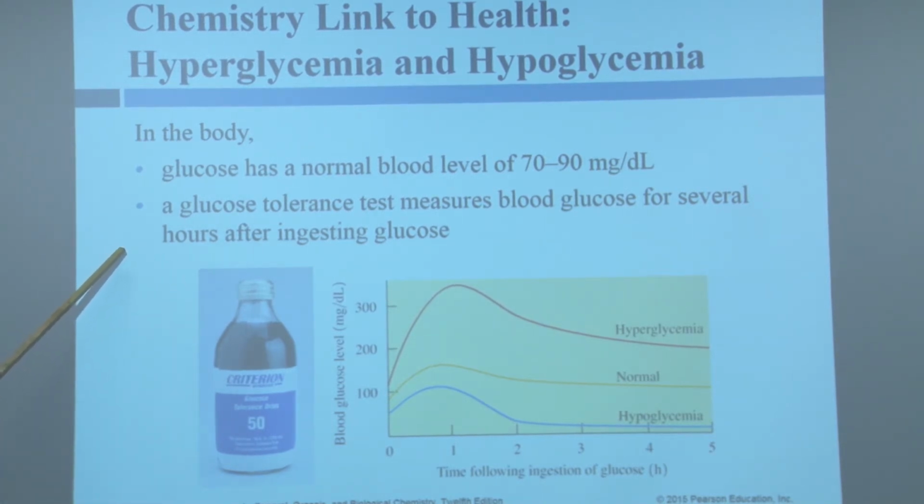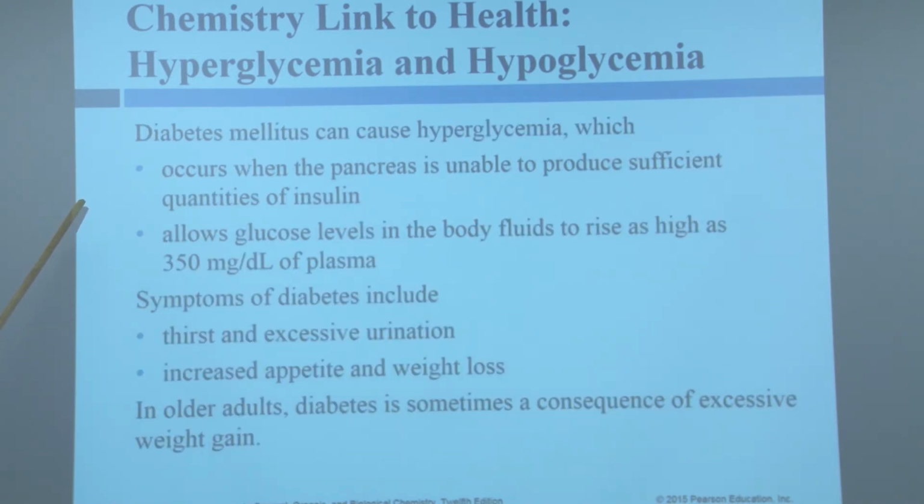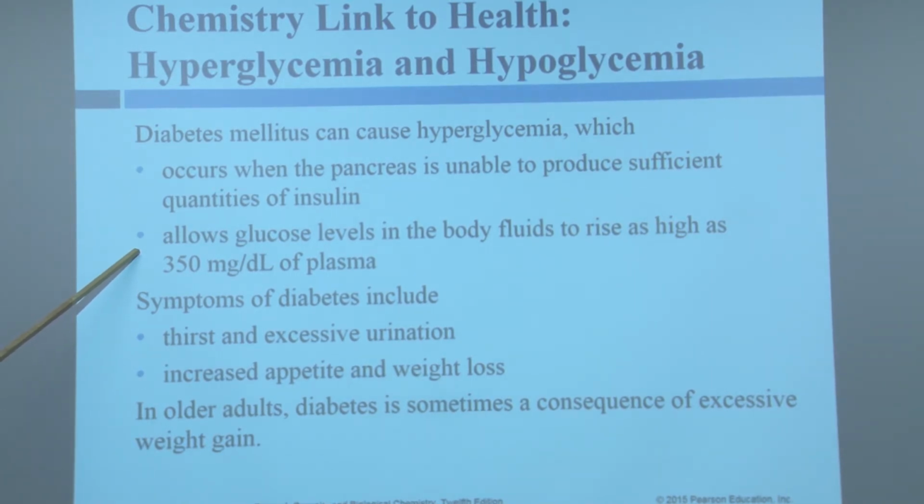So that is connecting glucose to our health. Diabetes can cause hyperglycemia when the pancreas is unable to produce sufficient quantities of insulin. Insulin is an enzyme, and without it glucose levels in the body fluids can rise as high as 350 milligrams.